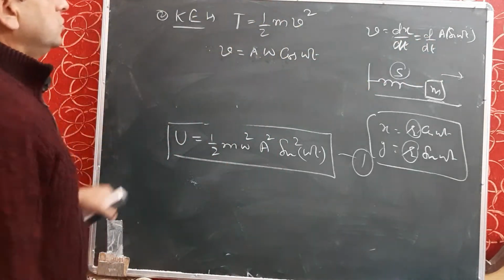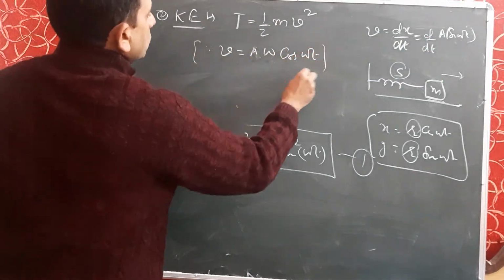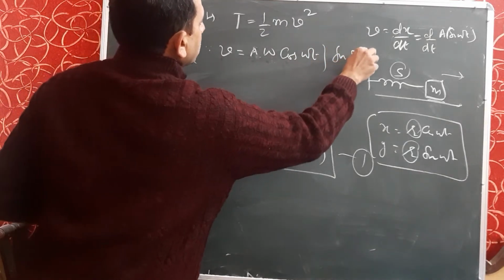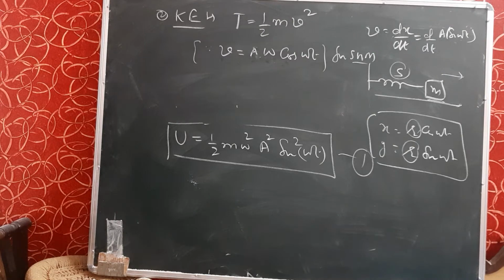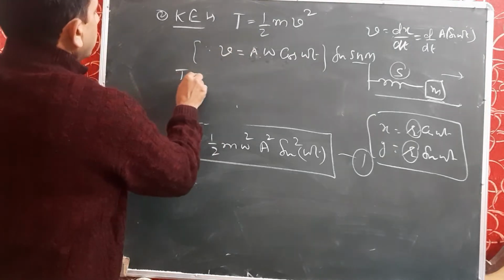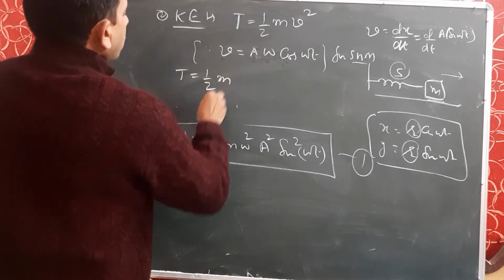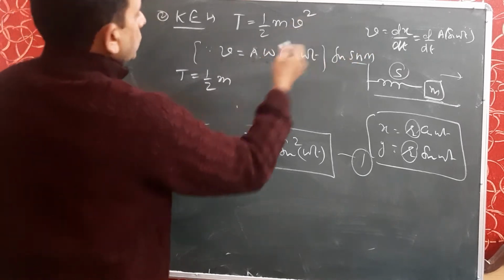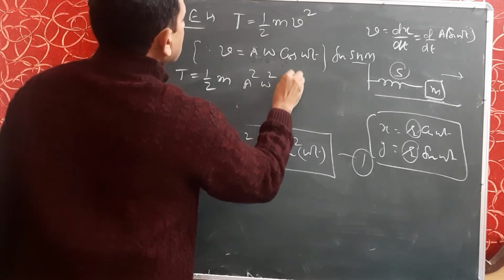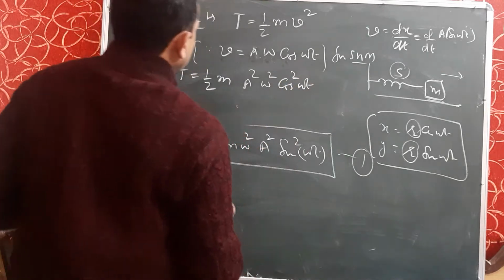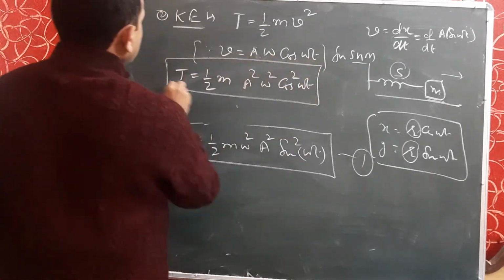So this is the velocity for the harmonic motion system. So T becomes half m v square, where v square means A square omega square cos square omega t. This is the second equation.